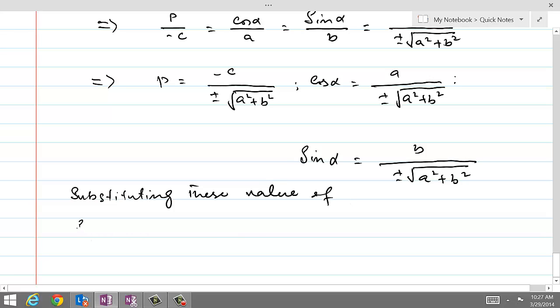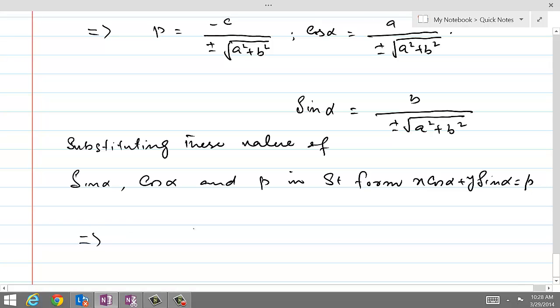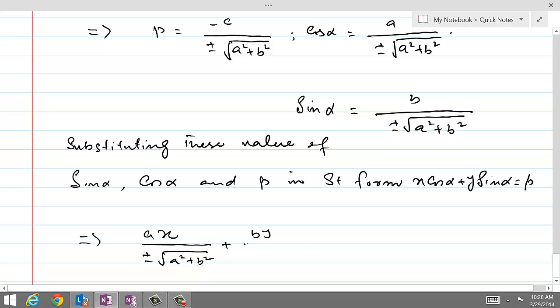So substituting these values of sine alpha, cos alpha, and p in the standard form, x cos alpha plus y sine alpha is equal to p, what we are going to get is x cos alpha would be ax over plus minus the square root of a square plus b square, and then y with sine alpha, so that would be plus by over plus minus the square root of a square plus b square is equal to p, and p would be equal to minus c over plus minus the square root of a square plus b square.